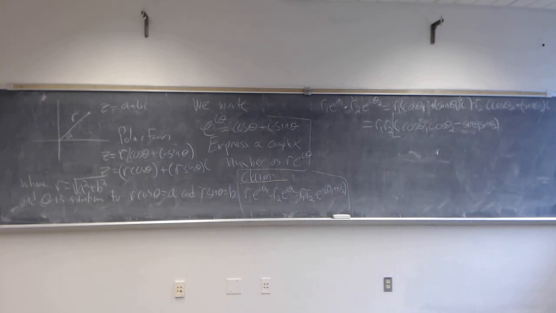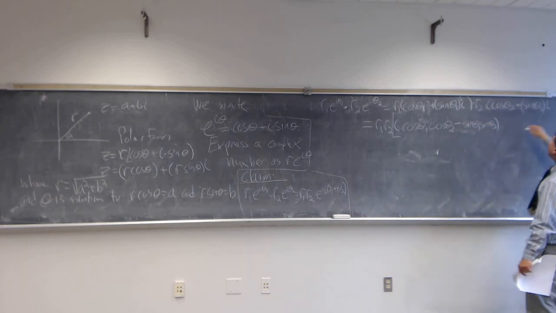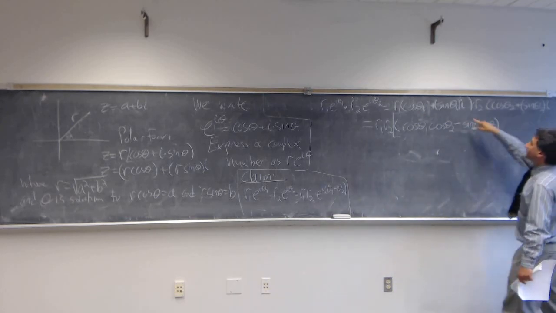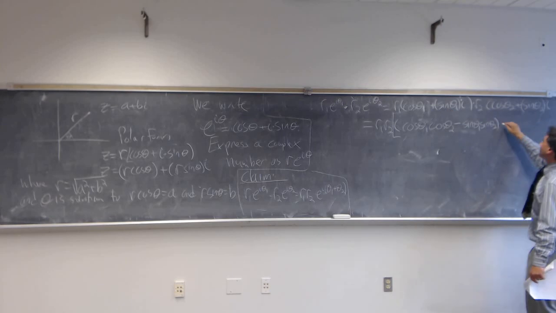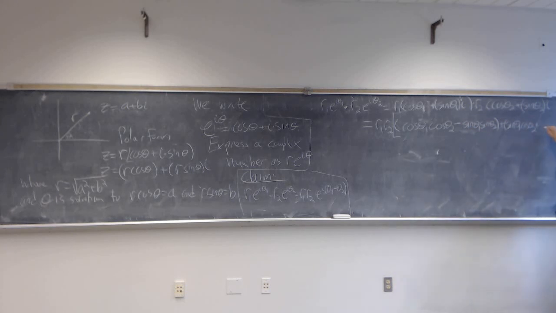What about the terms that involve I? How would that work? So I have a cosine theta 1 times I sine theta 2. And I have sine theta 1 cosine theta 2. So that would be plus sine theta 1 cosine theta 2, and then a plus cosine theta 1 sine theta 2.